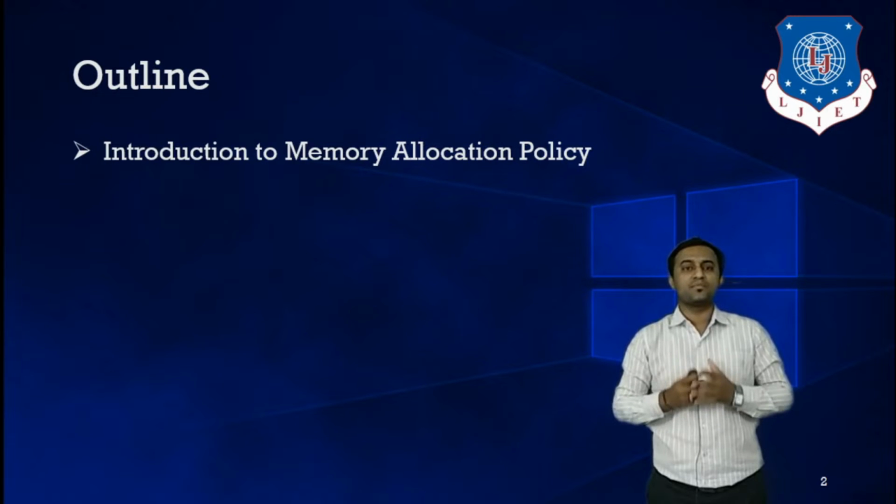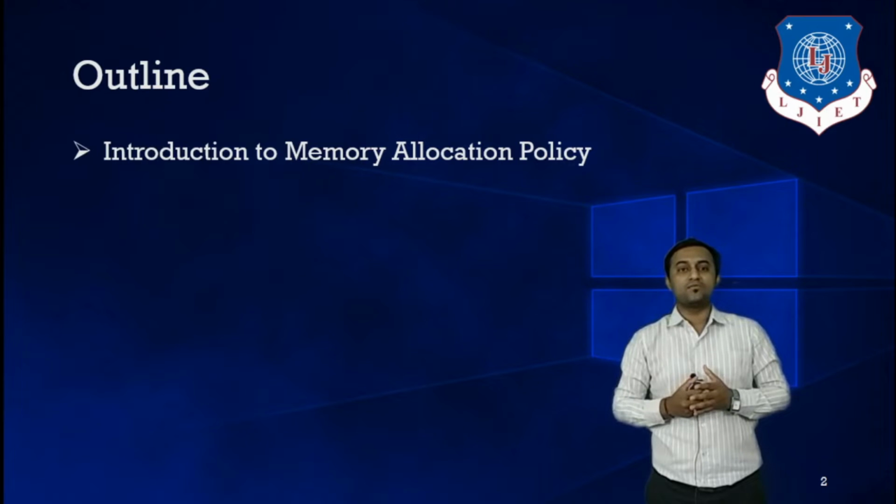Before going to discuss memory allocation policy, let us recall the content of the previous lecture, in which we discussed that there are three main criteria when we are talking about memory management in operating system. One is size, second one is per unit cost, and the third one is access time.